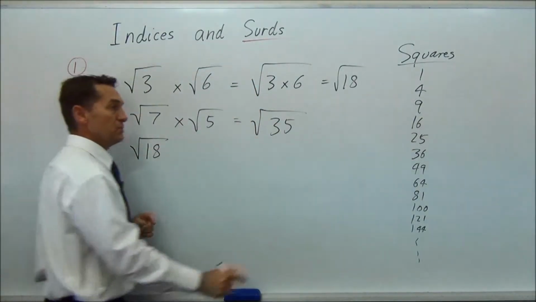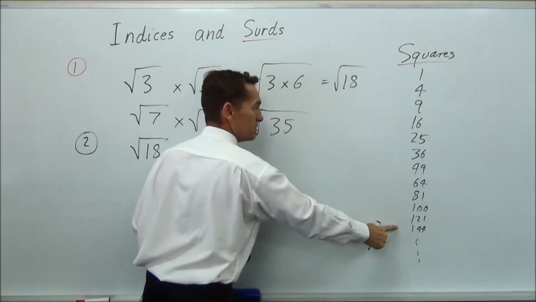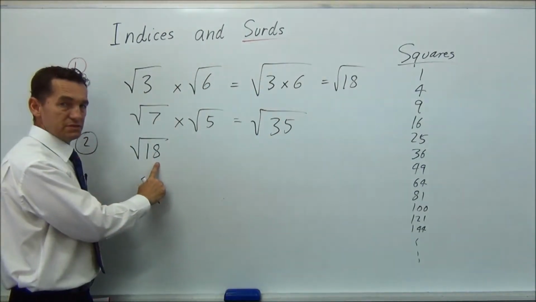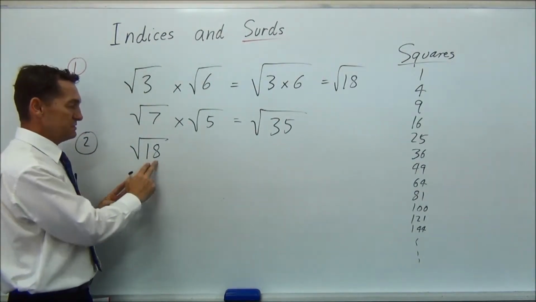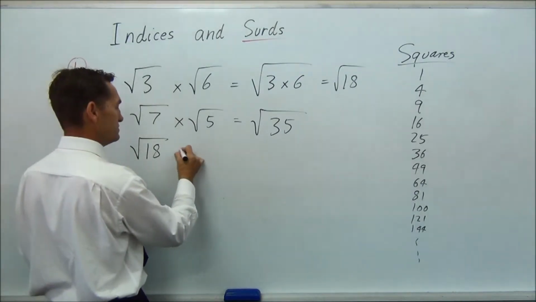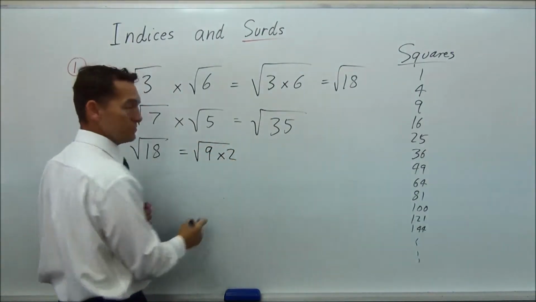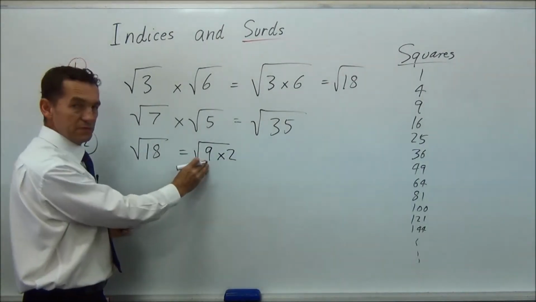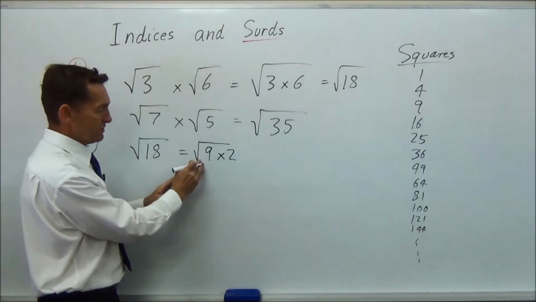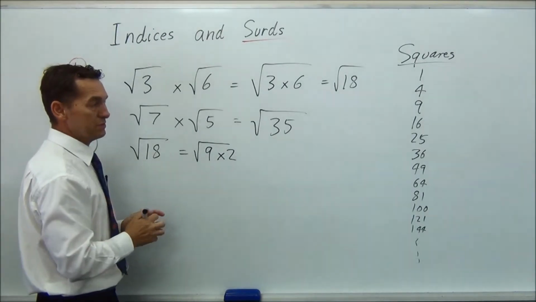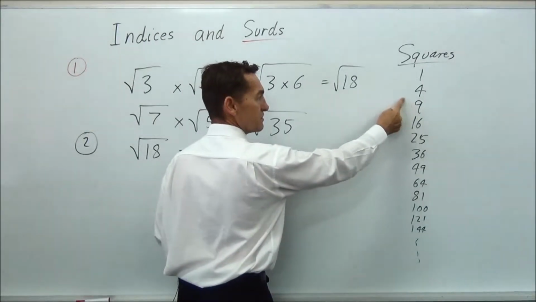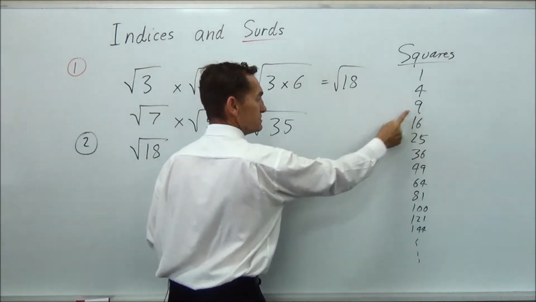So we want to know what's the biggest number here that goes into this, that you can multiply into this. And in this case, it's 9. So this equals 9 times 2. And why are we doing that? We're doing that because we know the square root of 9, because it's over here, it's a square. The square root of 9 is 3. 3 times 3 is 9.